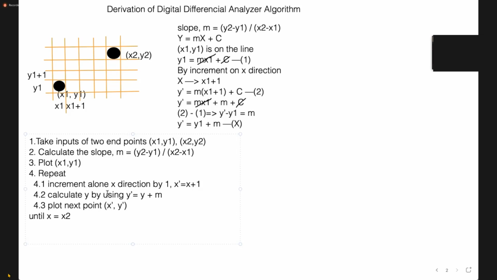So this is how we do the calculation. Now there are some changes to be done. Later I will show you what those changes are.